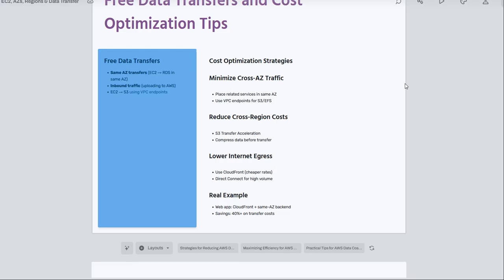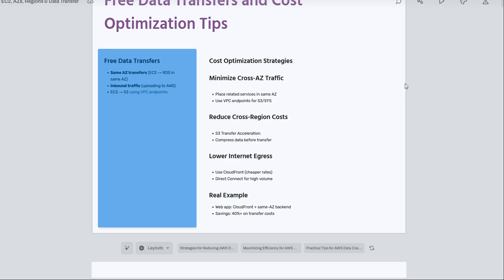Reduce cross region cost, so S3 transfer acceleration, or compress data before transfer. Lower the internet egress: use CloudFront, which has cheaper rates, and Direct Connect for high volumes. If you have AWS Direct Connect, use it for high volumes.